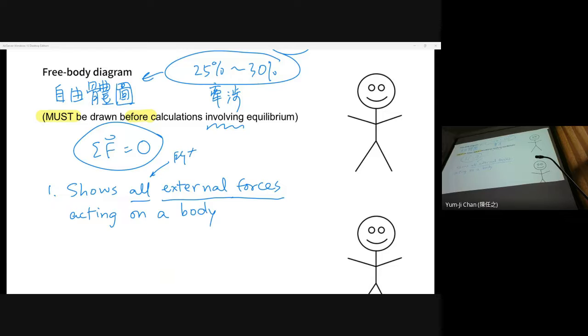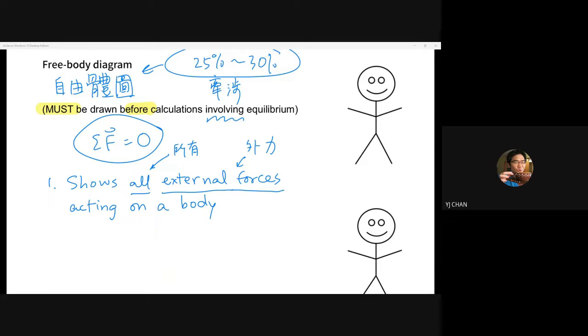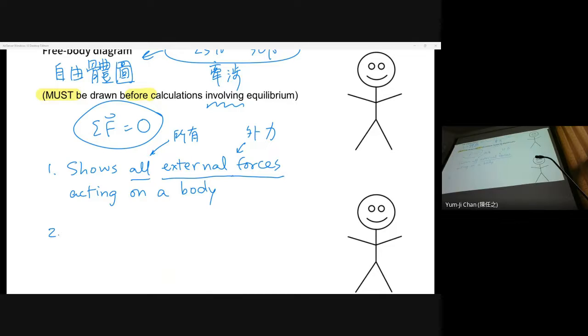It shows all external forces acting on the body. This is the first point.